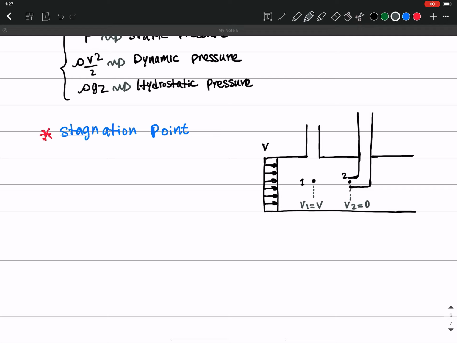So the velocity is 0. And then here we have water that goes up to here, and then we have water that goes up to here. So this has a head of h.